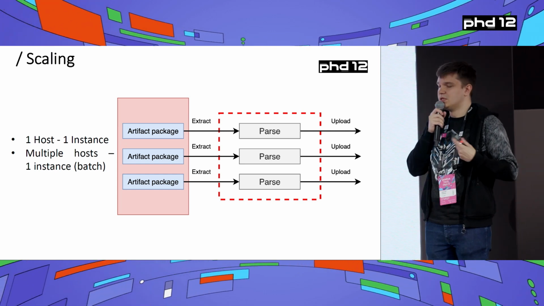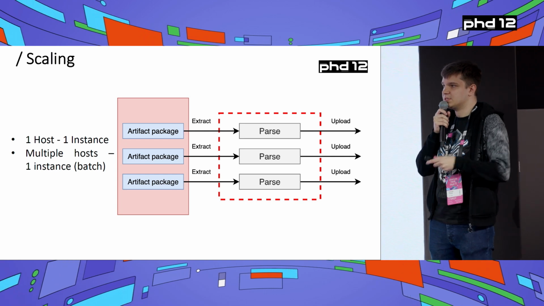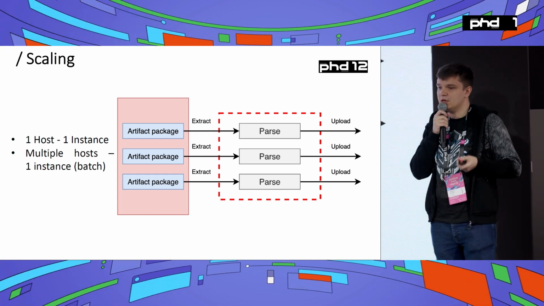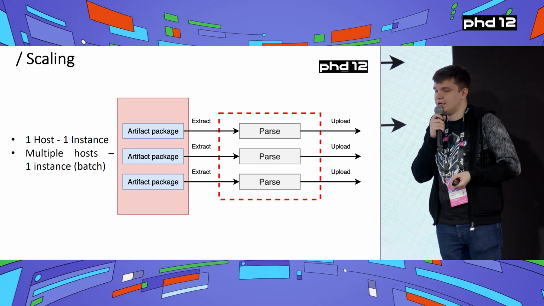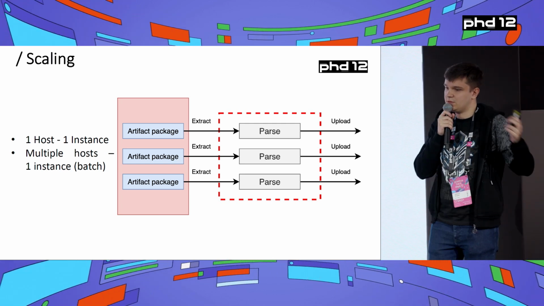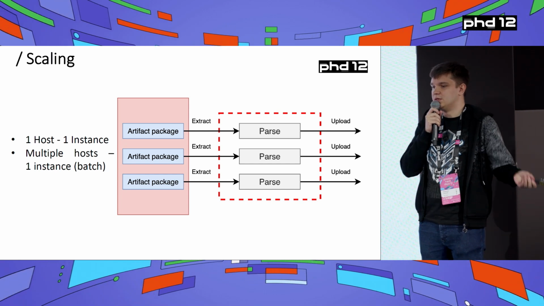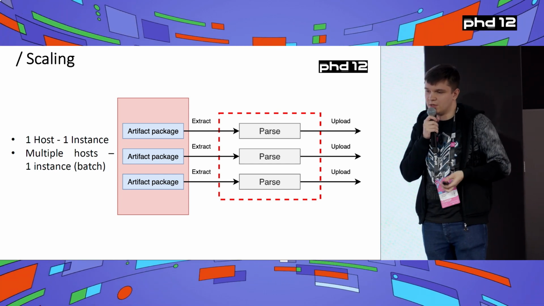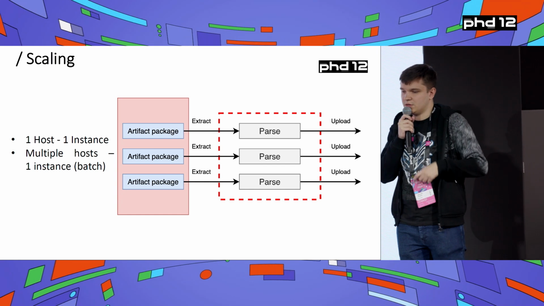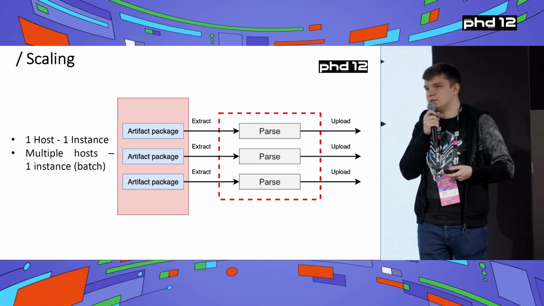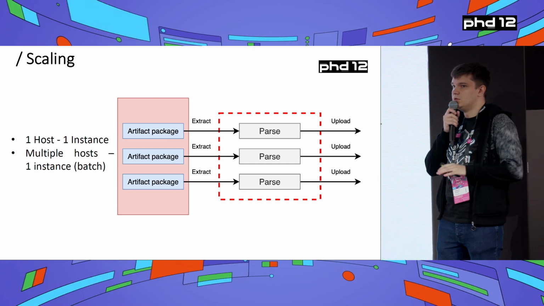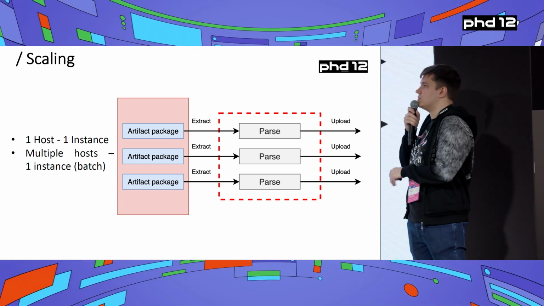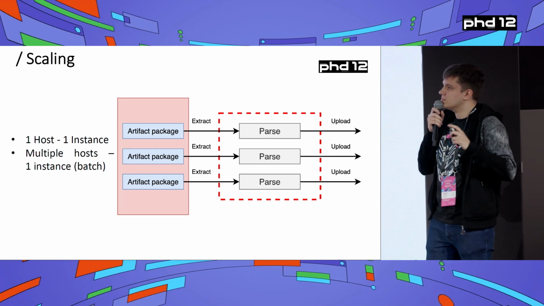Scaling is an issue. How to scale properly to process dozens and thousands of artifacts? We started with two ways. Number one: host, one instance for artifact processing. The second one is to load artifacts in batches and to process them in batches.